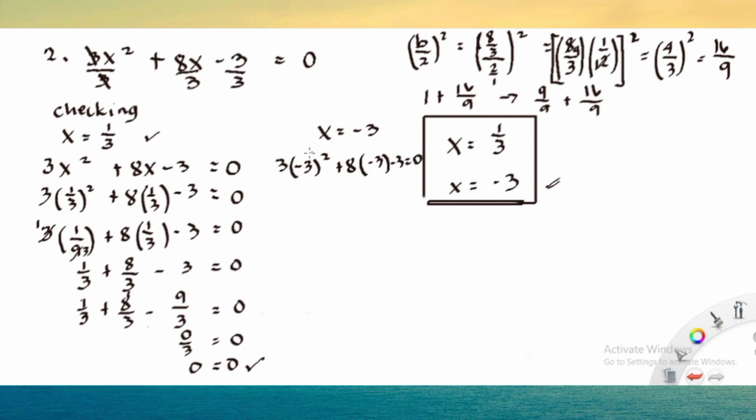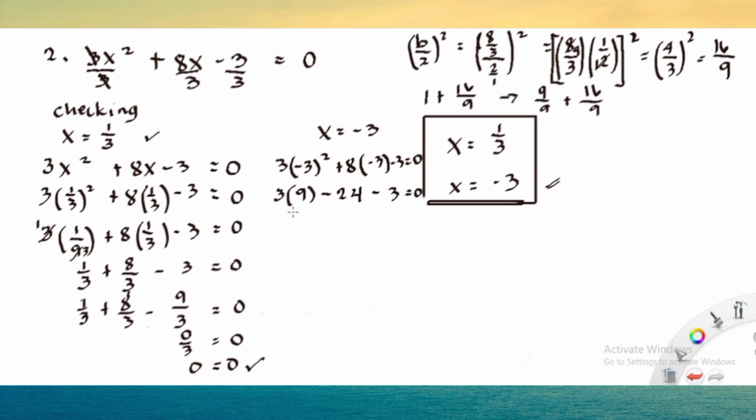So, square muna natin si negative 3, that is 9. So, we'll have here 3 times 9, plus. So, wag na natin i-plus, because 8 times negative 3 is negative 24. Minus 3 copy, is it equal to 0?